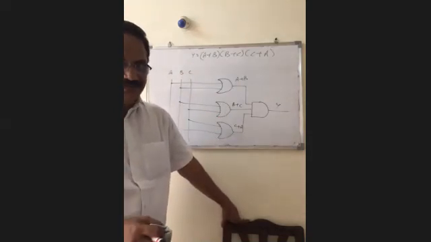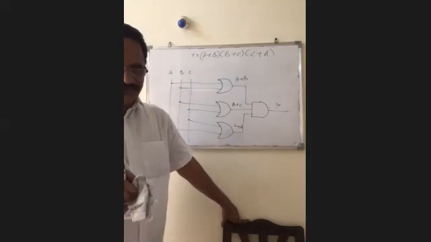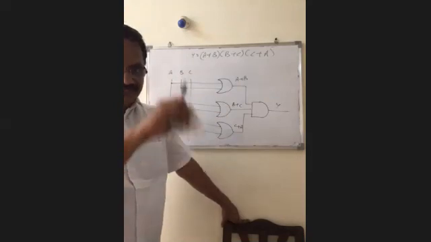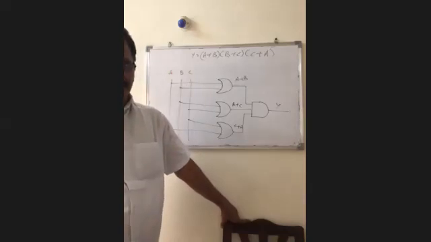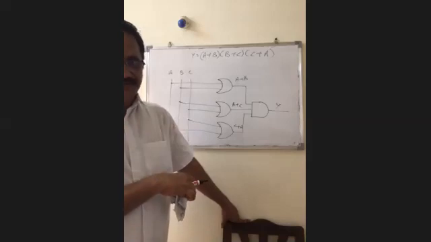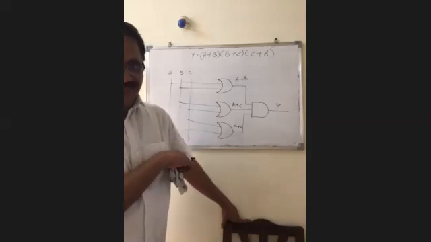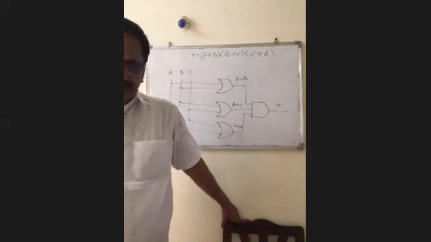So as a conclusion, to realize the SOP expression, first level gates are AND gates, and the second level gate is an OR gate. To realize the POS expression, first level gates are OR gates, and the second level gate is an AND gate.